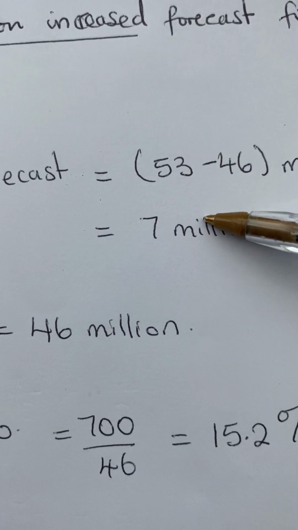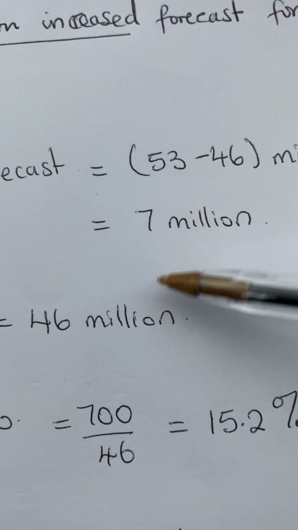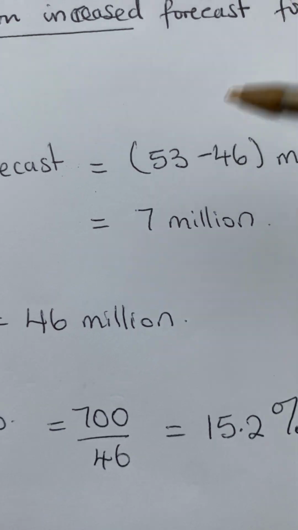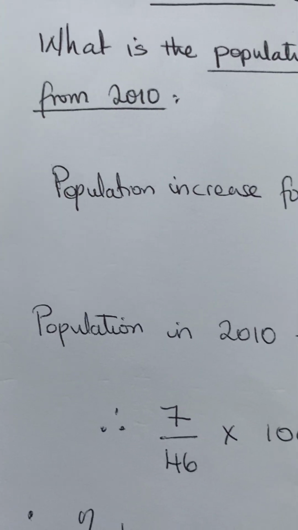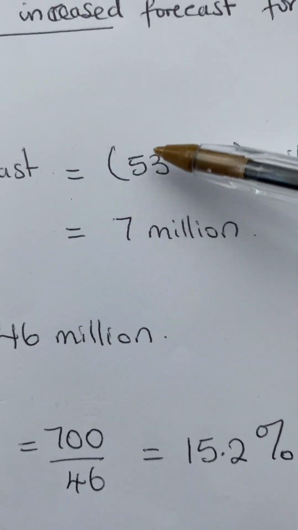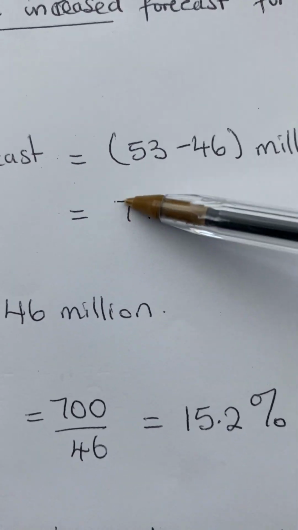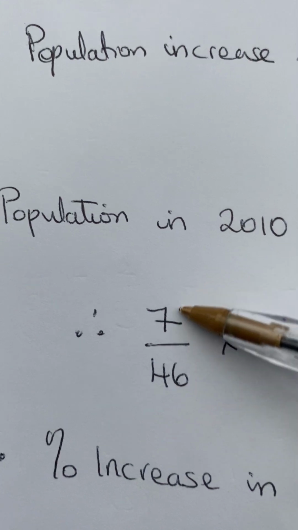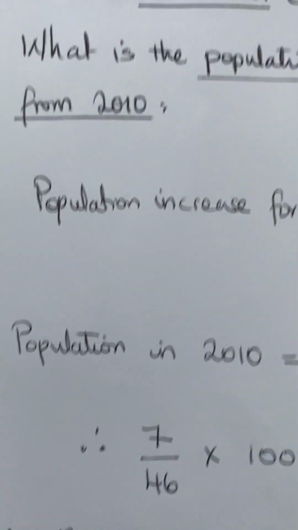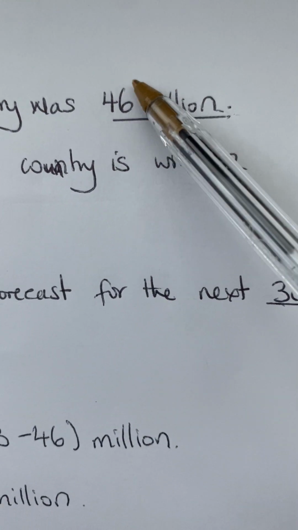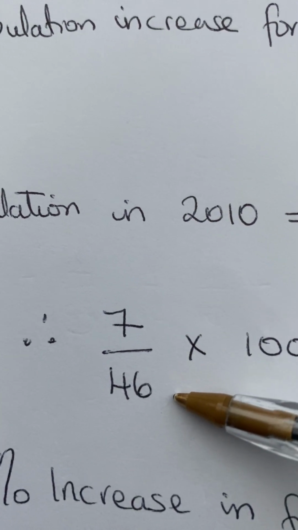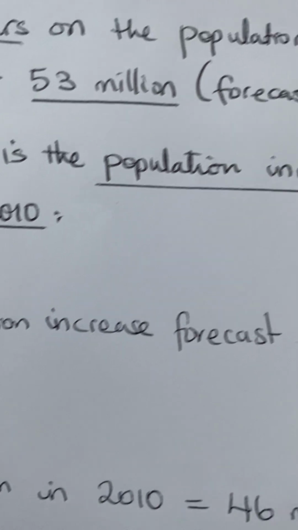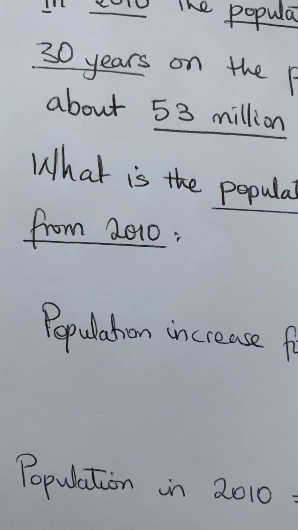But if it's billion and billion or million and million, I don't need to do that. So the increase will be 7 million, which is 7. In 2010, it was 46 million. So that's 46 million. They want the percentage increase, okay?